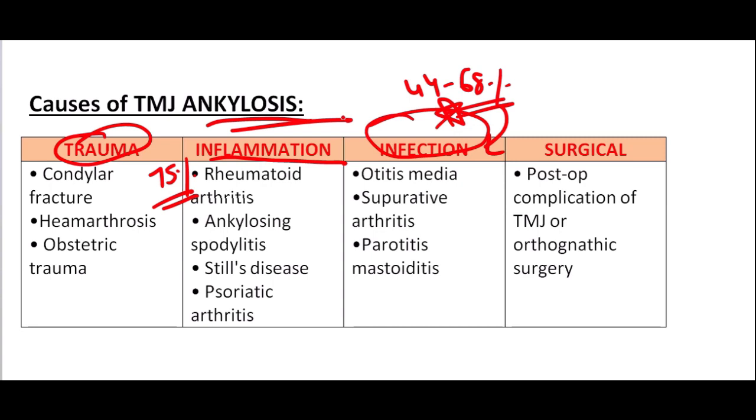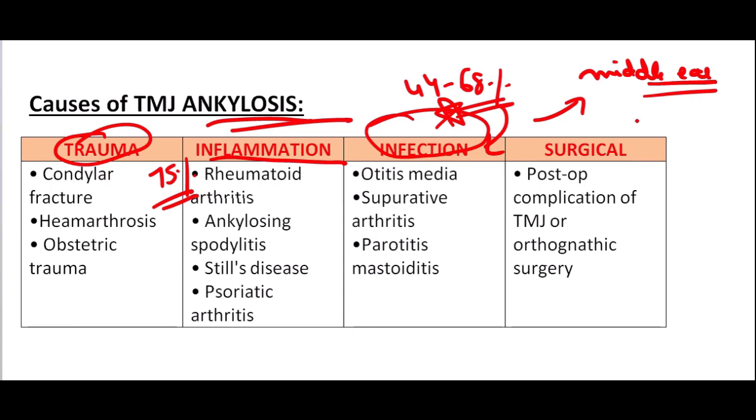Moreover, infections can spread directly from nearby areas. Infections from the middle ear, osteomyelitis of temporal bone, parotid abscess, skin infections, all can extend to the TMJ that can cause inflammation and damage to the joint structures.